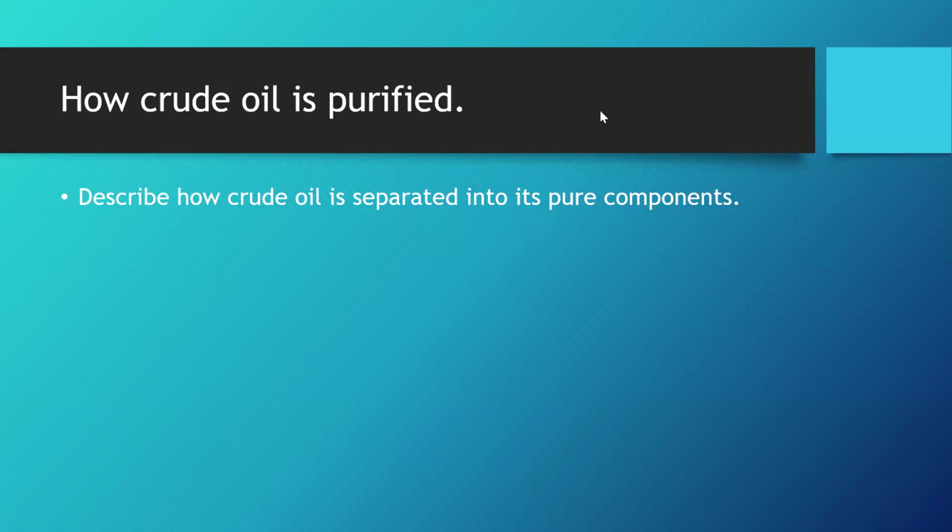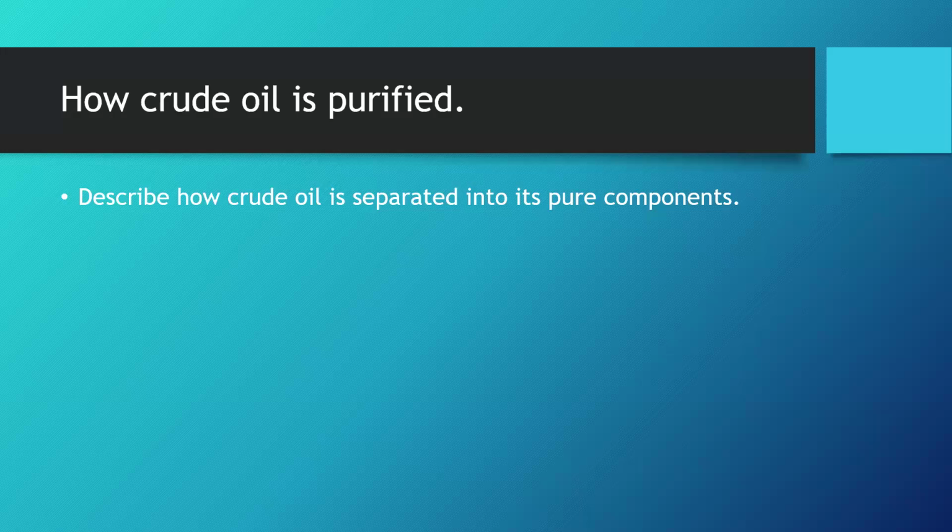Okay, so in brief terms, we all know the principle of fractional distillation. You're separating miscible liquids with differences in their boiling points. So in this case, like petroleum or crude oil, you realize that it has different components in it, and those different components have different boiling points.